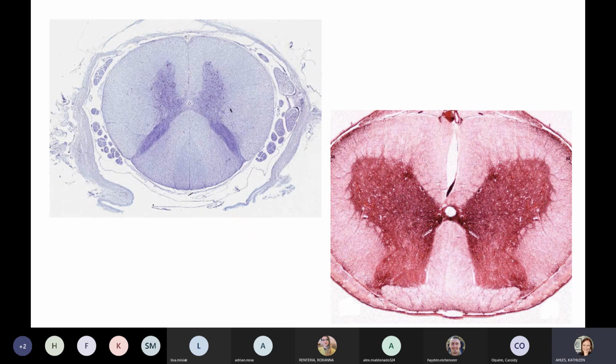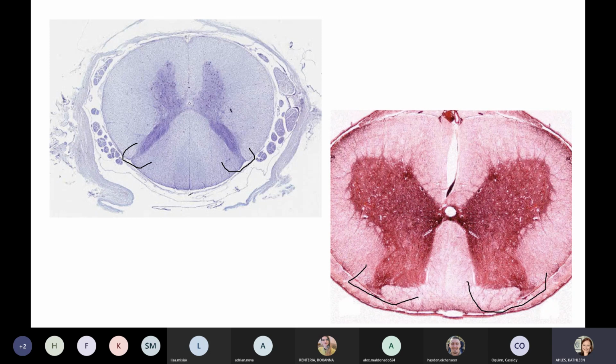See how my dorsal horn on this one is going all the way back and touching the edge of the spinal cord. And the same deal here. So the horns look a little bit different depending on where we are in the spinal cord, if we're in the neck or in the chest or down in the lower back. But everywhere that we're looking at in the spinal cord always has our dorsal horn, our ventral horn.